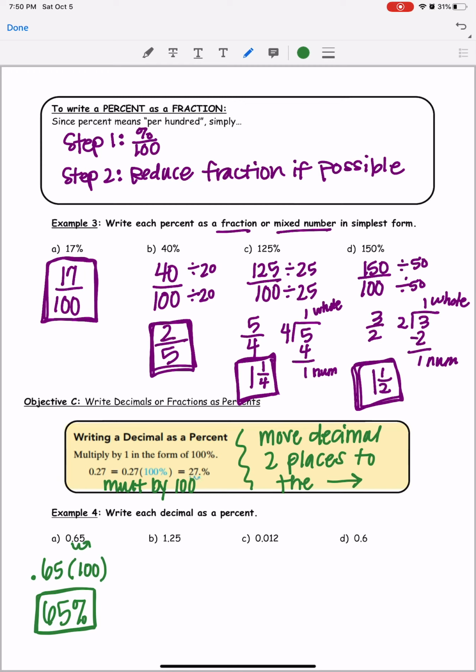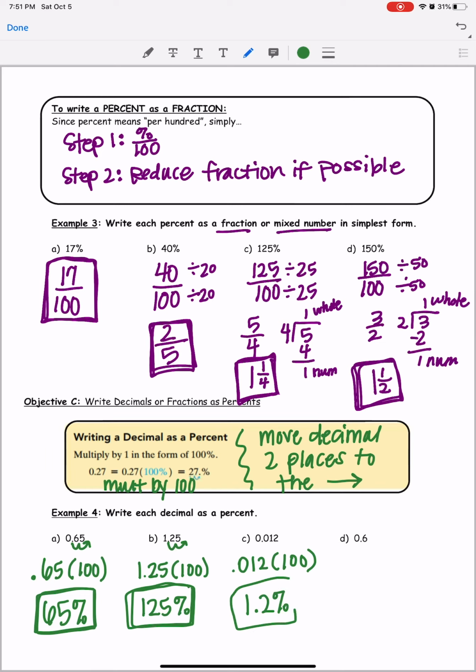So on this one, if we do 1.25 times 100 in your calculator, you'll get 125, so 125%. Or just take this and move it 2 places. Here, you'll do 0.012 times 100. When you put that in your calculator, you're going to get 1.2, so 1.2%.